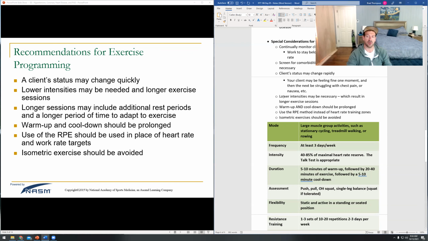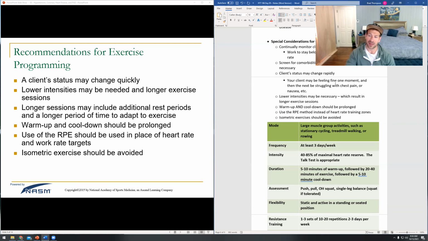With that, we are probably going to work out at much lower intensities, which may result in longer exercise sessions because we may be giving our client very extended periods of break, and things like that. Also, we want to make sure that we are not amping the heart rate up too quickly or slamming it back down into the ground too quickly.